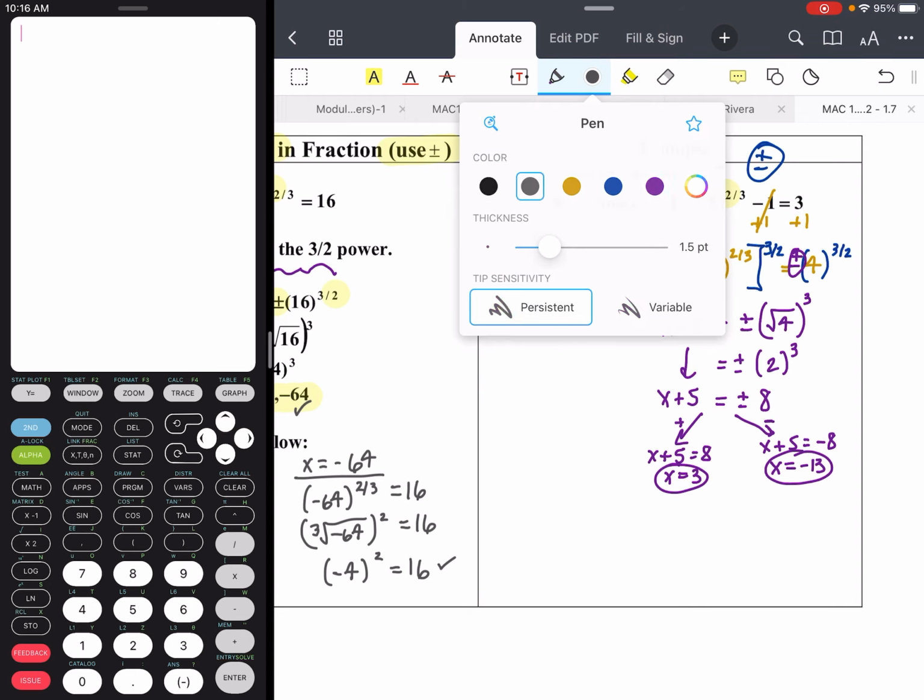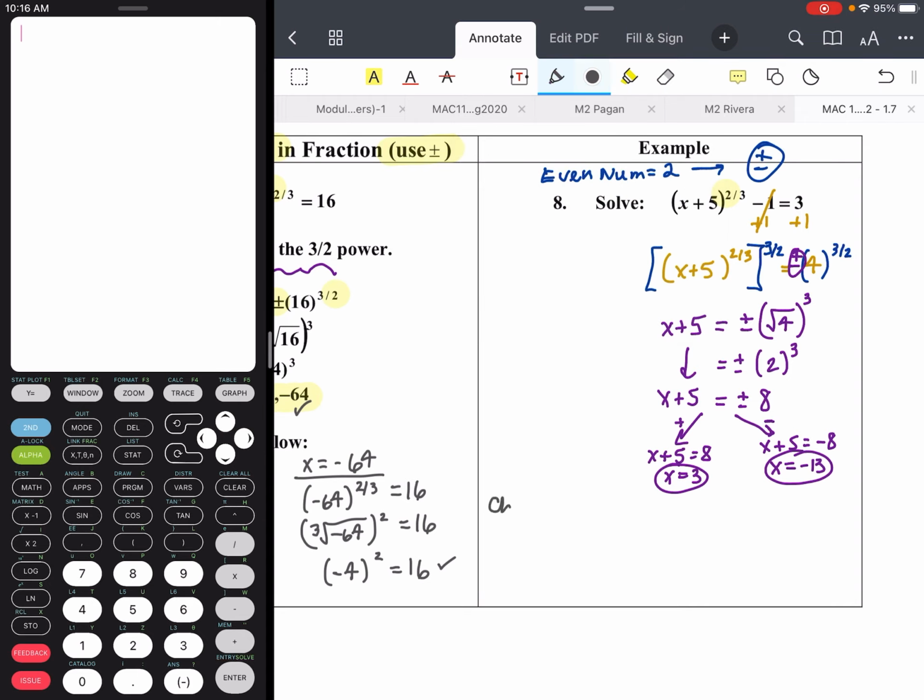Let's go ahead and check both of those just to make sure that they each work. Let's check x equals 3. In the original equation, 3 plus 5 to the power 2/3 minus 1 should equal 3. This is 8 to the power 2/3 minus 1 equals 3.